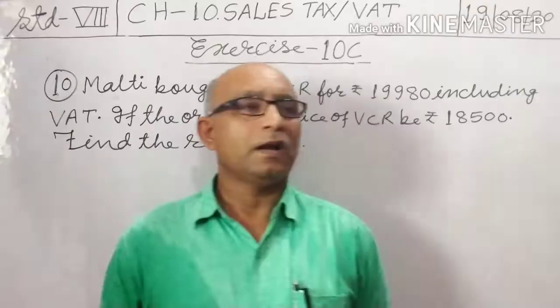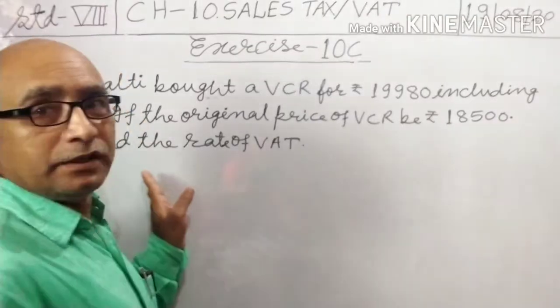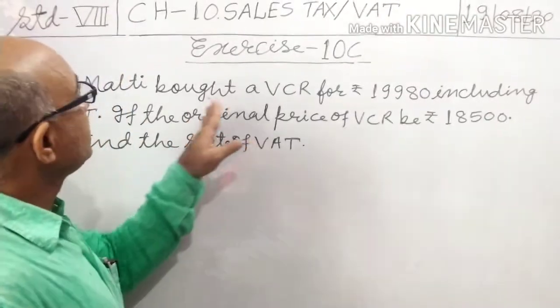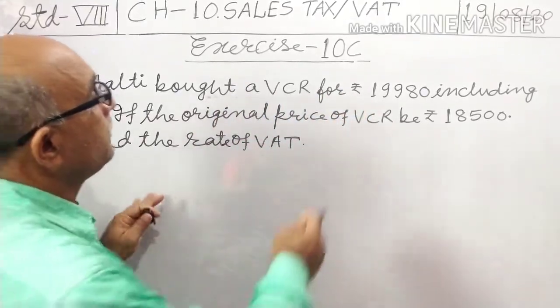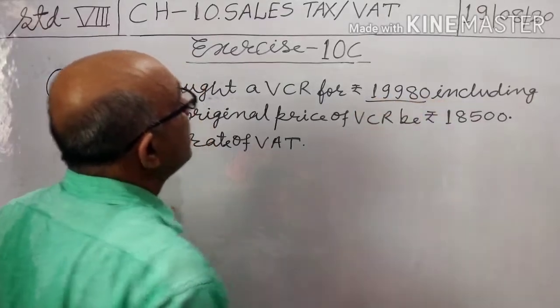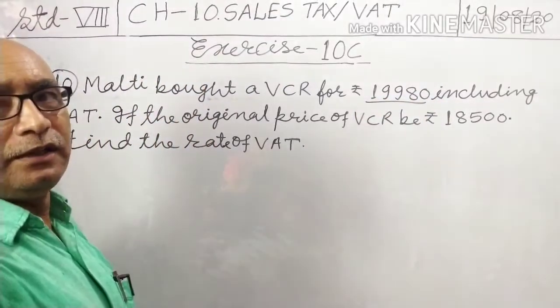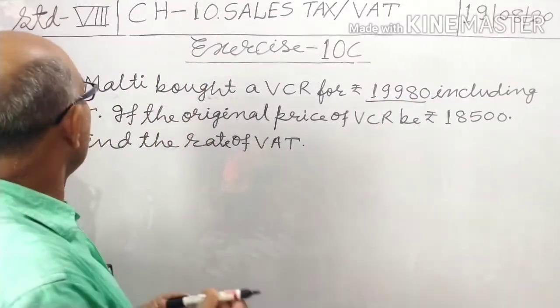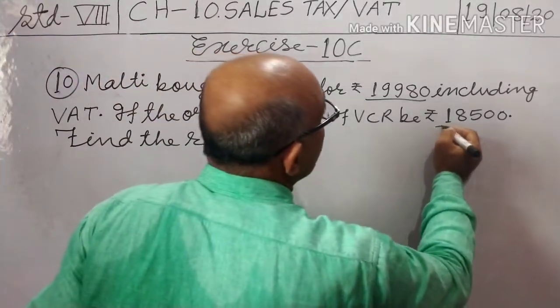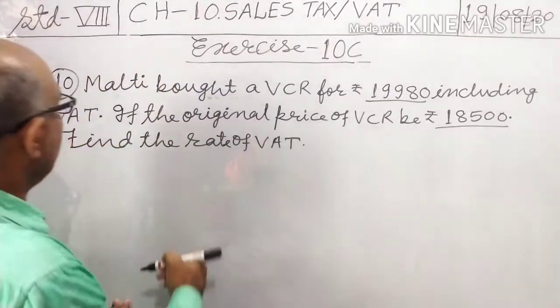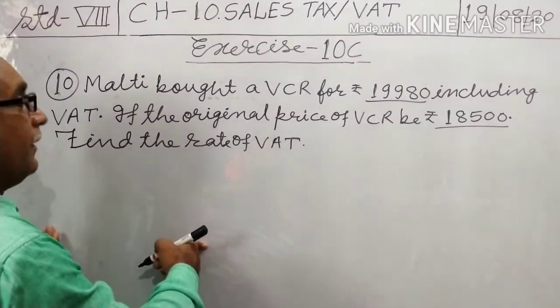Understand and write it. Students, next question is question number 10. Malti bought a VCR for rupees 19,980, including VAT. If the original price of the VCR be rupees 18,500, find the rate of VAT.